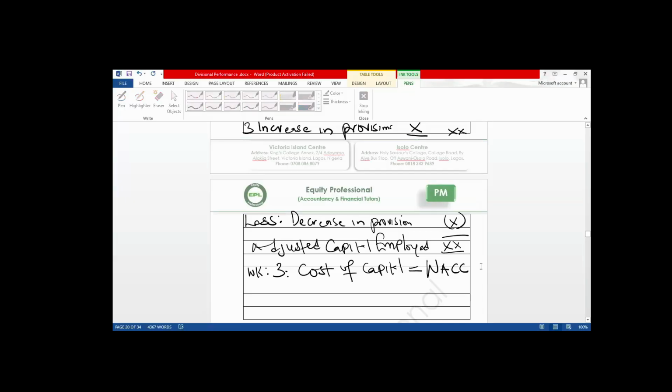How do you calculate weighted average cost of capital? WACC is equal to cost of equity multiplied by percentage of equity, plus cost of debt bracket 1 minus tax, multiplied by percentage of debt.